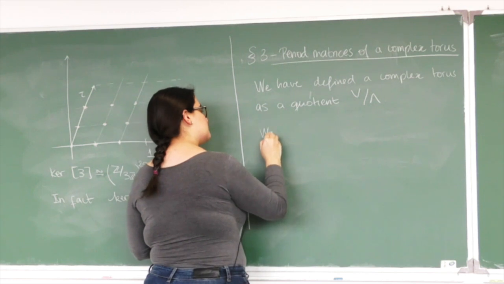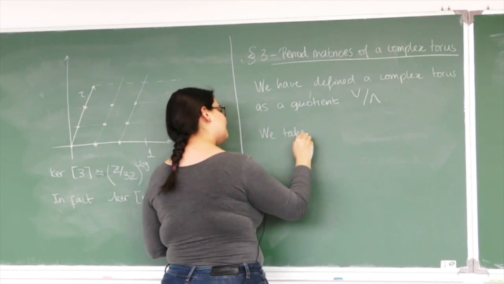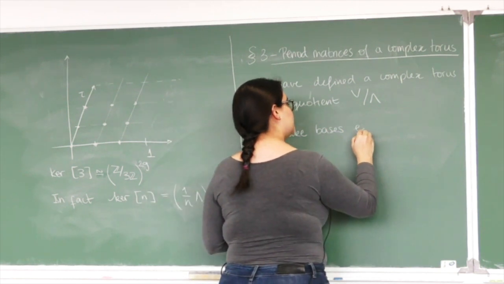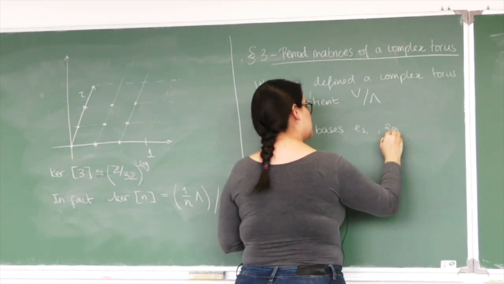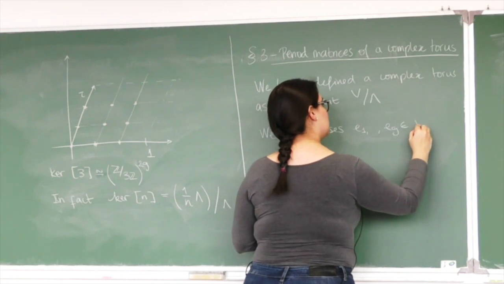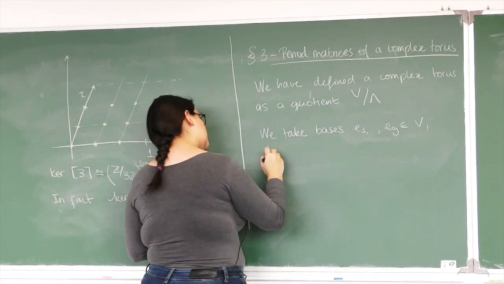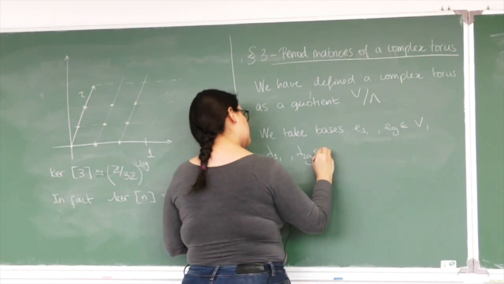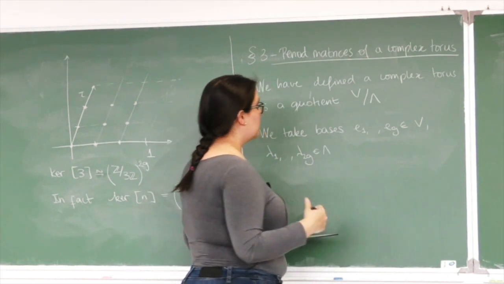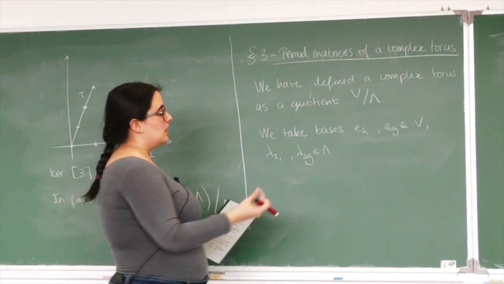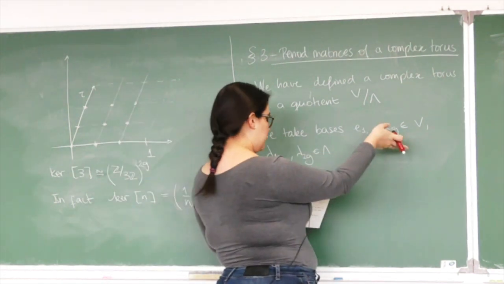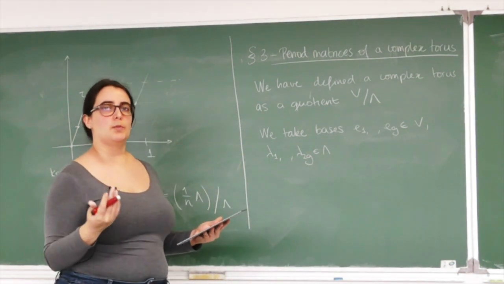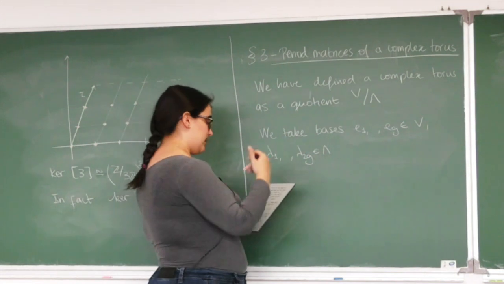We take bases e_1, ..., e_g in V, and lambda_1, ..., lambda_2g in lambda, and because lambda is inside V, we can write the elements we've taken of the basis of the lattice in terms of the basis we have chosen for the vector space.